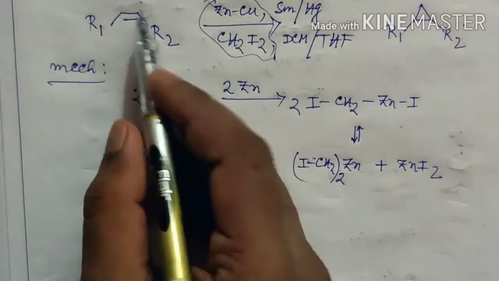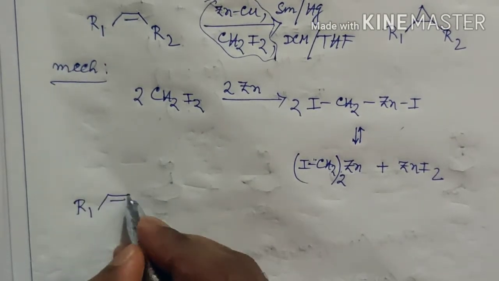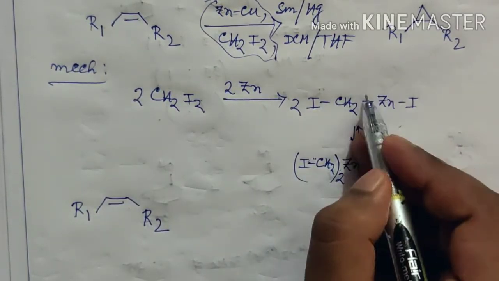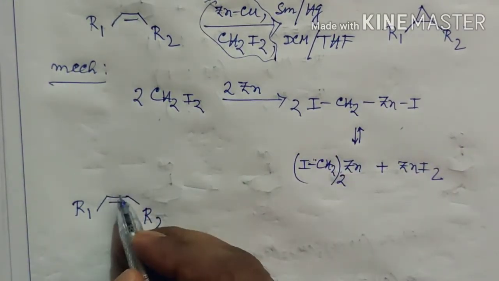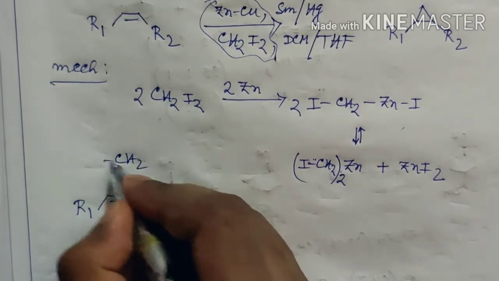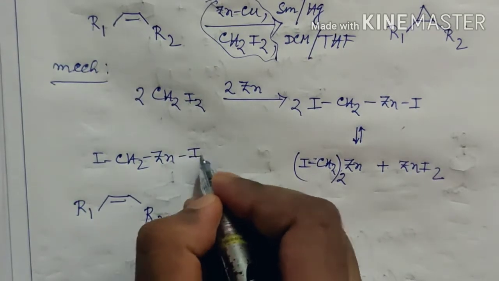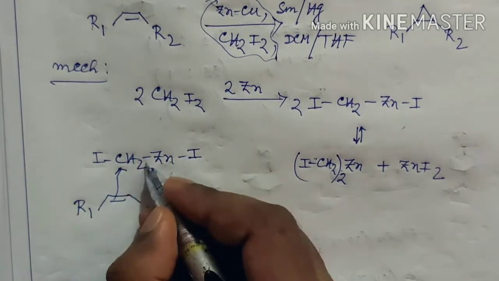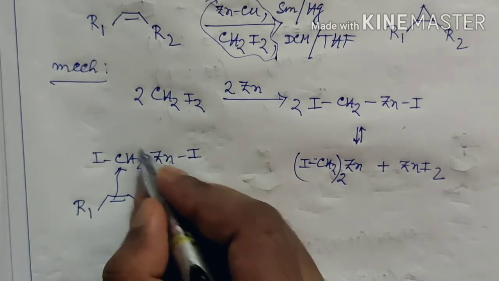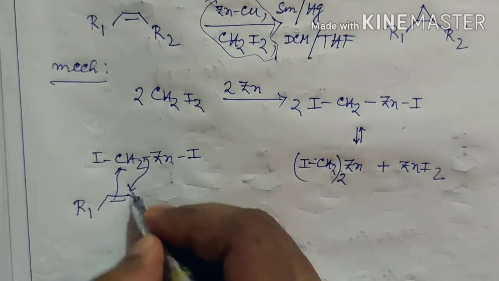Now when an olefin is present within the reaction medium, this species undergoes addition with this olefin. That is, this will attack here and this zinc-carbon bond will polarize on the carbon center and will attack here.